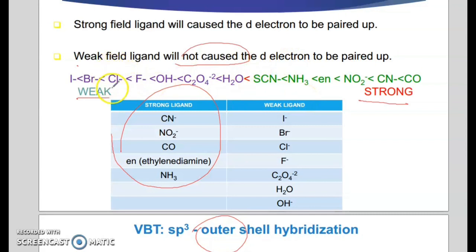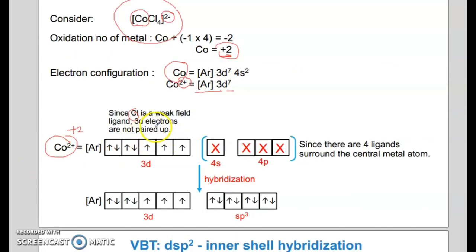Cl here is a weak field ligand. Because this is 3d7, you fill in 7 electrons: 1, 2, 3, 4, 5, 6, 7.